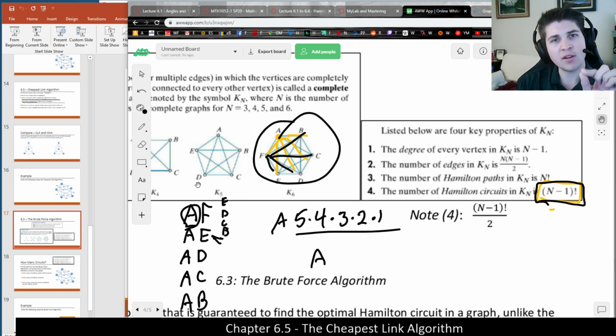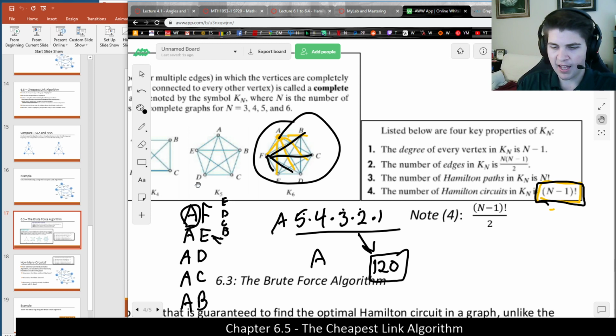Now, technically, you could have started at B, D, C, F, or E, but those would all be the same answers, because even if I started at B, if I run all those permutations starting from B instead, they're all just going to be duplicates of the ones I found from starting at A. If we do that math, this would be 5 times 4 is 20, times 3 is 60, times 2 is 120. 5 factorial is 120. And that would be how many Hamilton circuits we have in that graph.